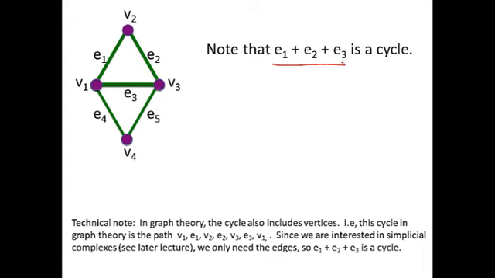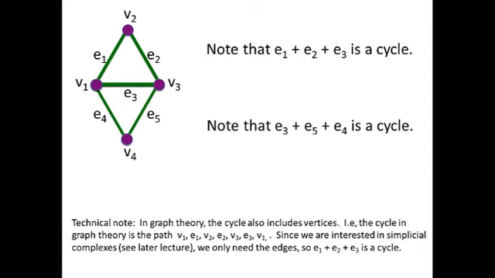We can use formal sums to describe our graph. For example, I can note that e1 plus e2 plus e3 is a cycle. I can also note that e3 plus e5 plus e4 is also a cycle. Formal sums give me a language in which I can identify cycles and other interesting features about our graph.